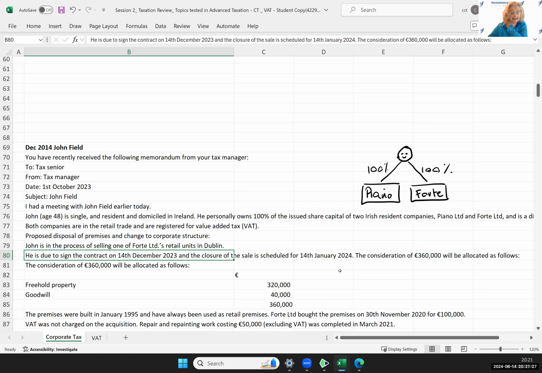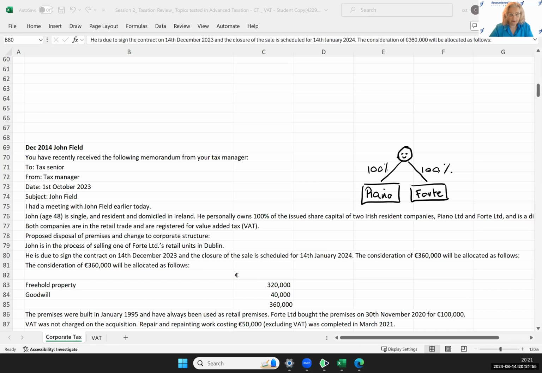Now, we covered this last week and we talked about the importance of some of the tiny bits and pieces when it comes to our tax scenarios. So can anybody tell me in what accounting period, is it the year ending 31st of December 23 or the year ending 31st of December 24, will that sale be accounted for tax purposes?